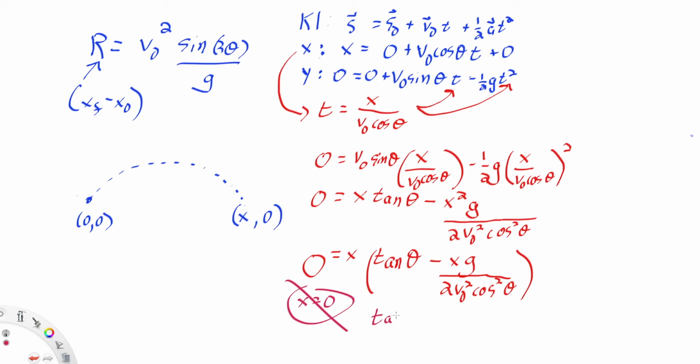So we have tangent theta equals xg over 2 v naught squared cosine squared theta.